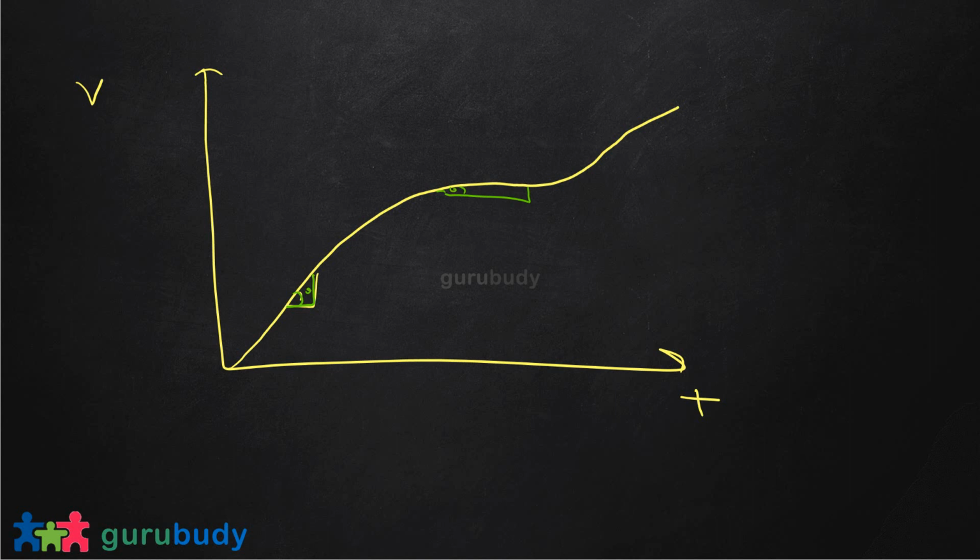At all these points A, B, and C, my slope is changing. My slope is changing, that means my acceleration is changing. If the acceleration is changing, then the motion is not uniform acceleration, because uniform acceleration means constant acceleration. So remember that in a uniform acceleration, the slope is constant, so it is a straight line. In a non-uniform acceleration, the slope is varying, so the graph would be a curved line.